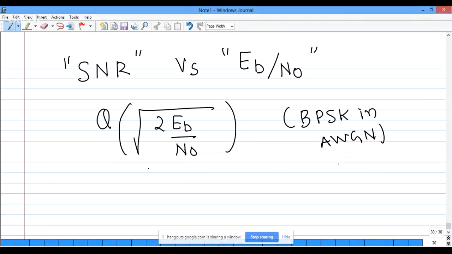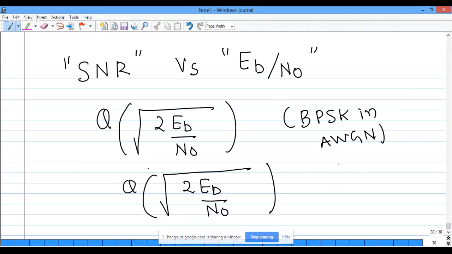Now, for QPSK also, because QPSK has the same power efficiency as BPSK, the probability of error expression for QPSK is also the same as that of BPSK.